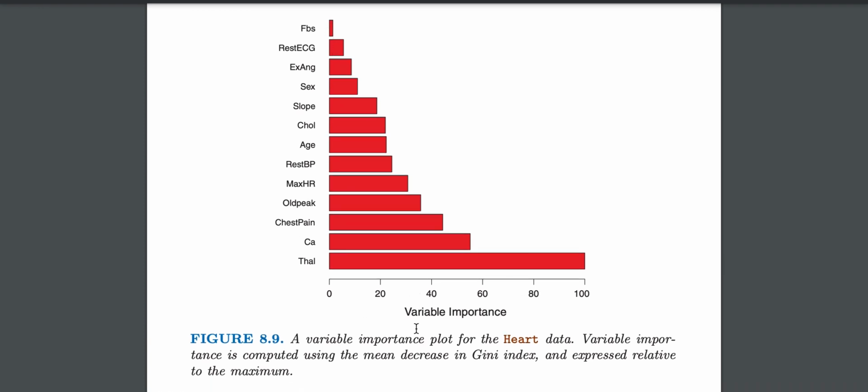Here you see we have a variable importance. I wouldn't put too much into the absolute value of these numbers. Rather, I would just use them as a measure of relative importance.